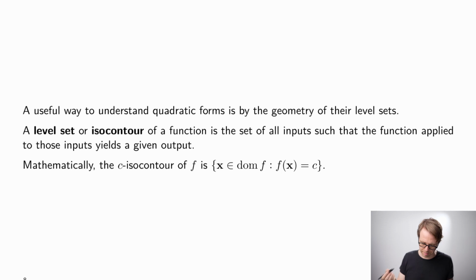So, mathematically, the c isocontour of f is the set of inputs x from the domain of f, where if you plug x into f, you get c back.